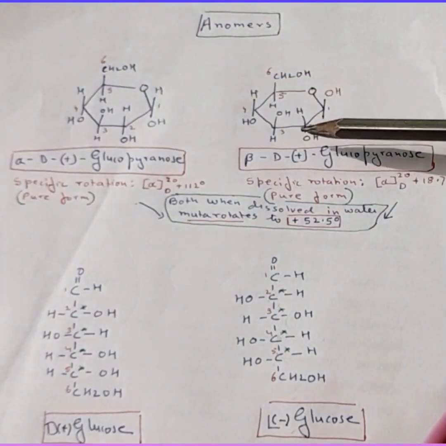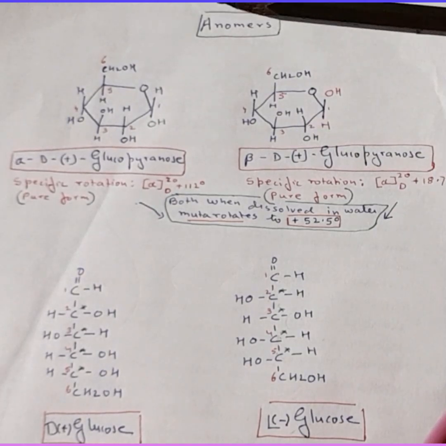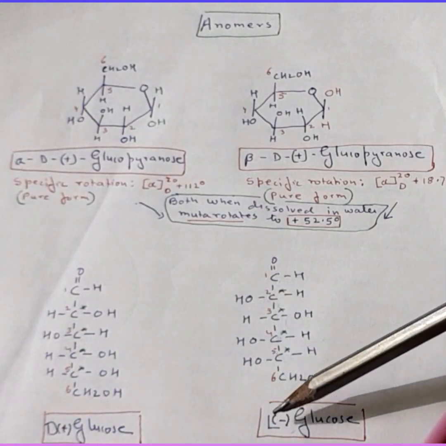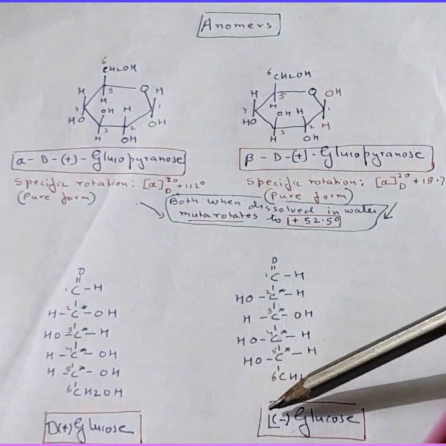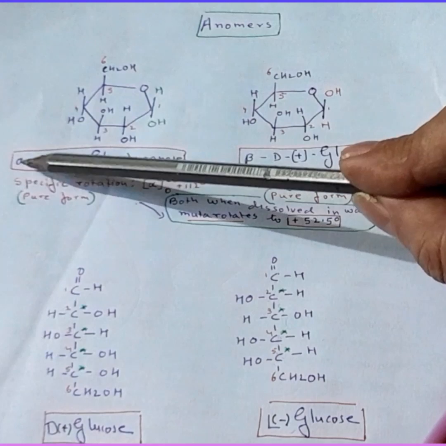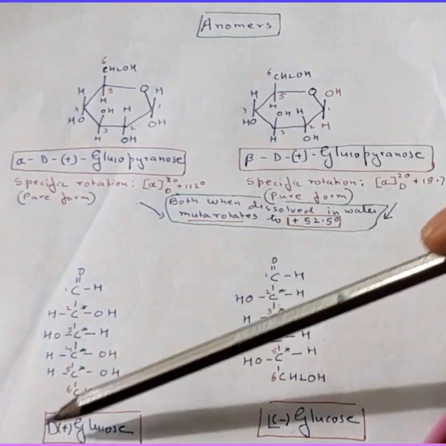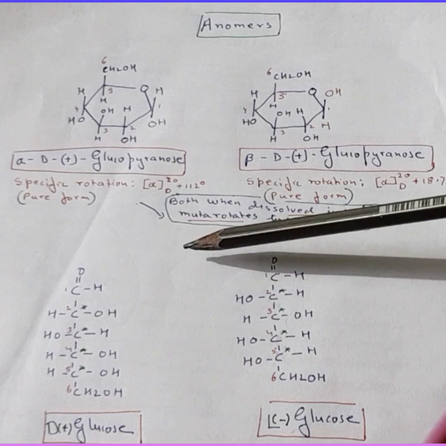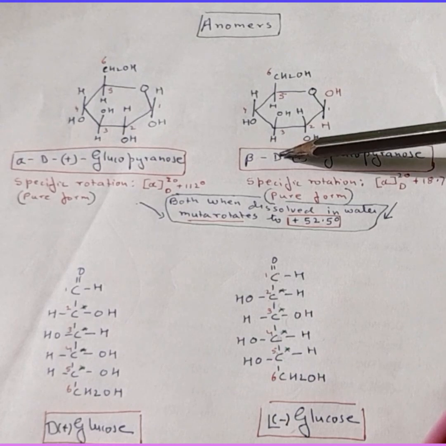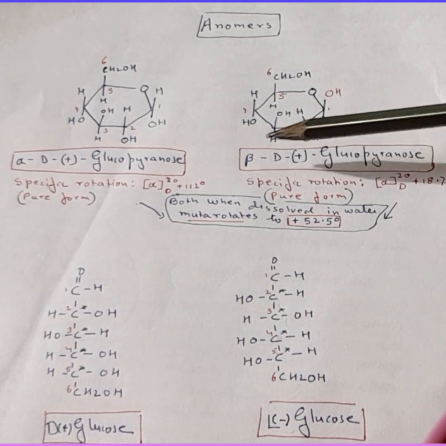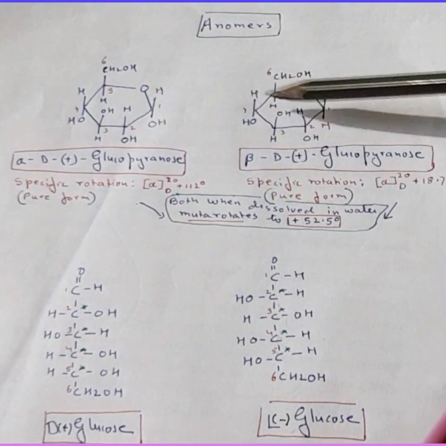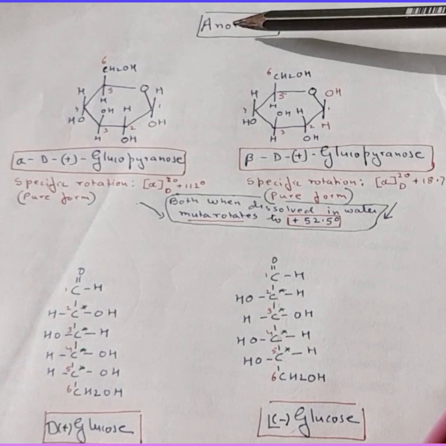Earlier we saw plus and minus, then we saw D and capital L. Now in addition to that, we also have to talk about alpha and beta. But mind you, D and L were of 2 diastereomers, but alpha and beta are of the same diastereomer. So D itself has beta and D itself has alpha. You have these 2 configurations, and these are known as anomers.